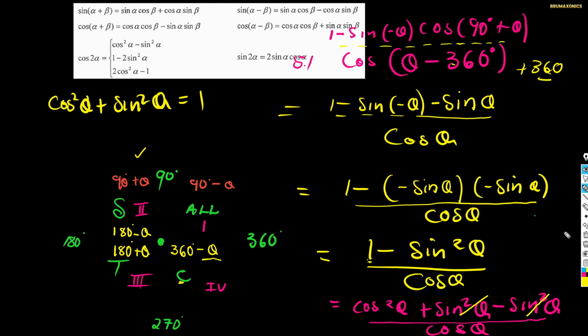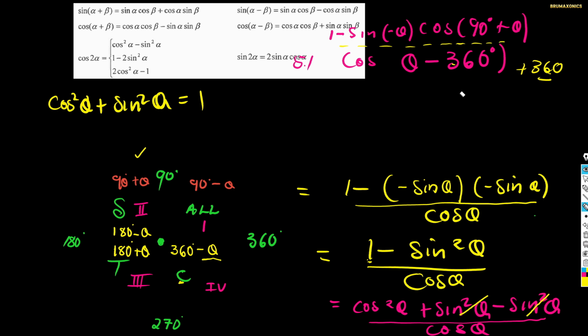So the final answer for this will definitely be cos theta. Let me erase this part so that I can write the answer, although you do know the answer now.